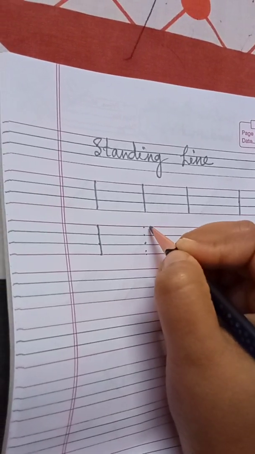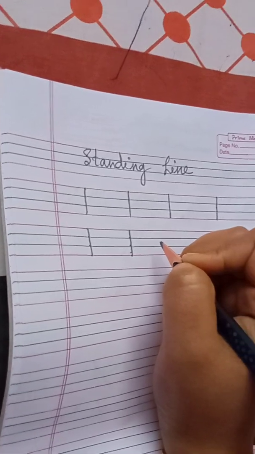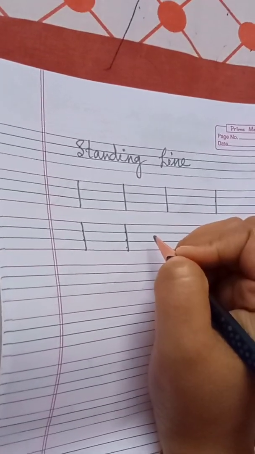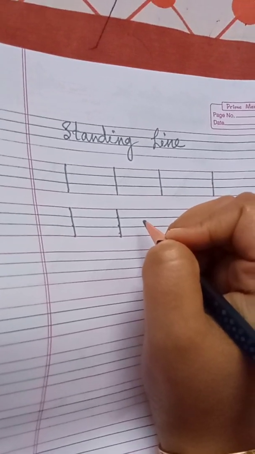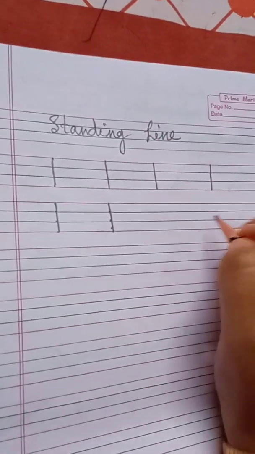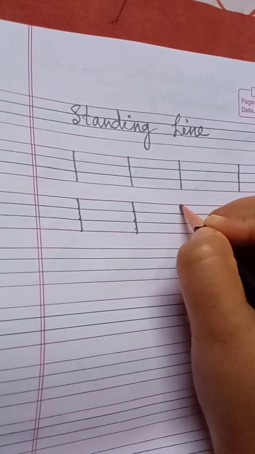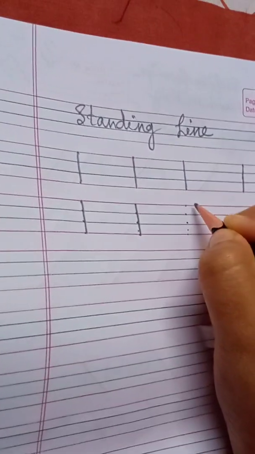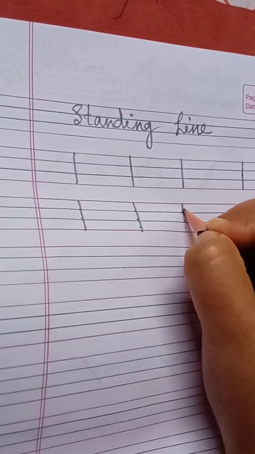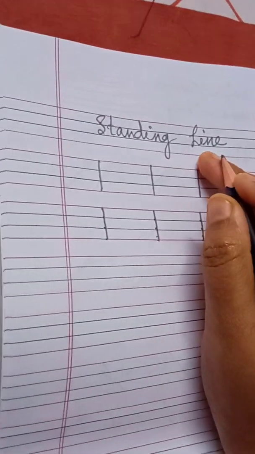Orno, Rishima, and Shamraki are too little, that's why I'm telling you. First draw some dots and just join them. So this one is the standing line.